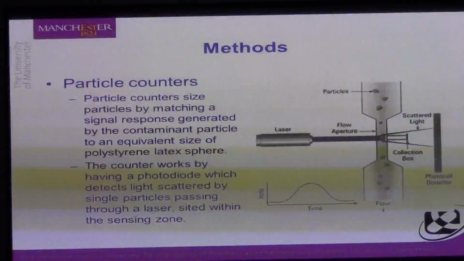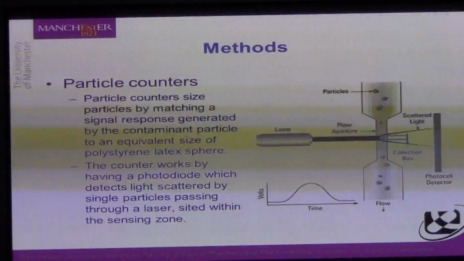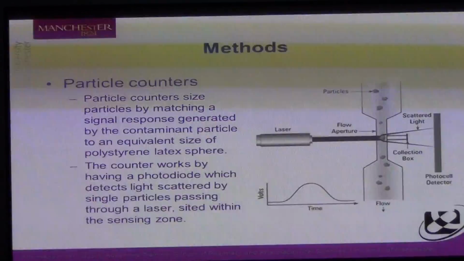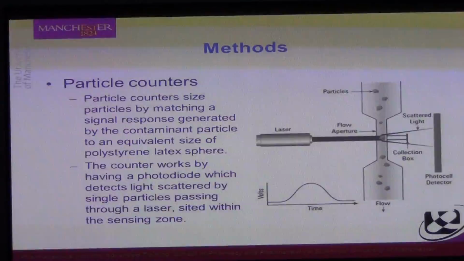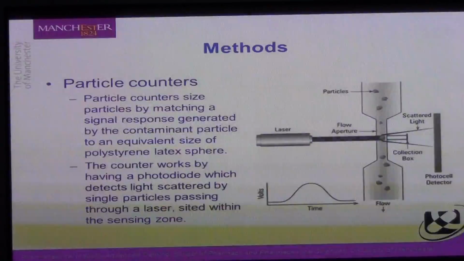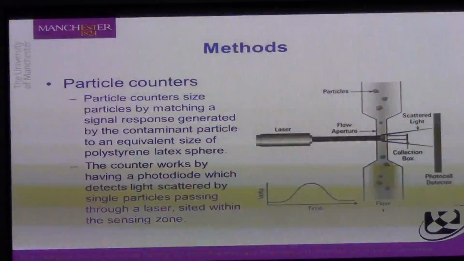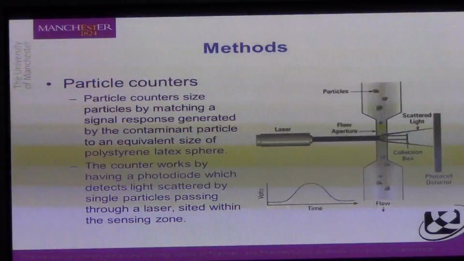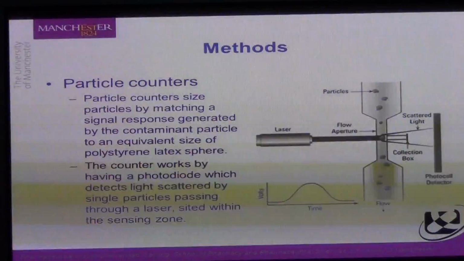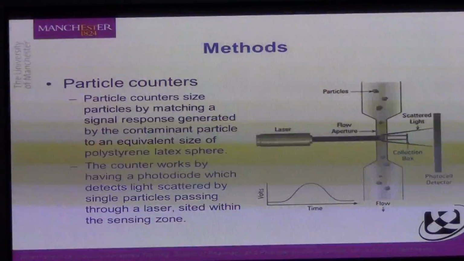Particle counters, so I'll say a little bit more about that technology. A particle counter is a device which sizes a particle, and basically it has a special photodiode inside it, and it detects the amount of light scattering when a particle passes through a laser.